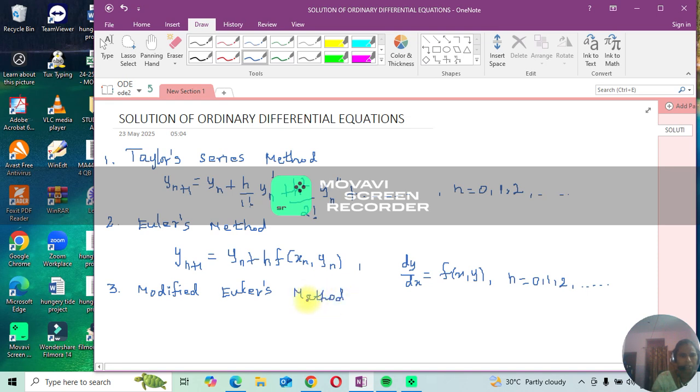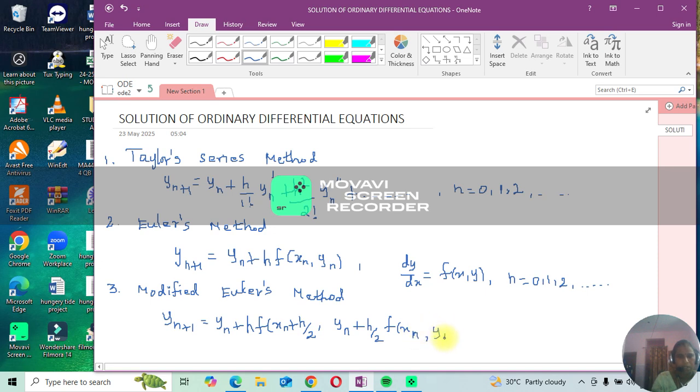The formula is y(n+1) is equal to y(n) plus h into f of x(n) plus h by 2, y(n) plus h by 2 f of x(n), y(n).